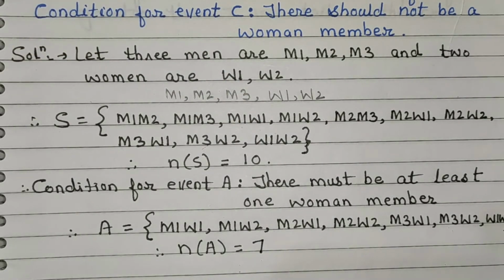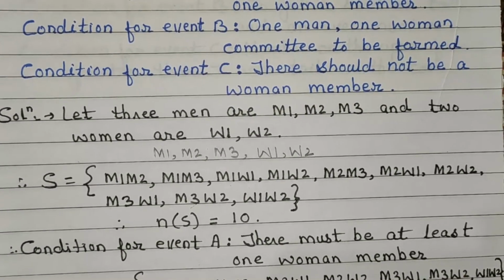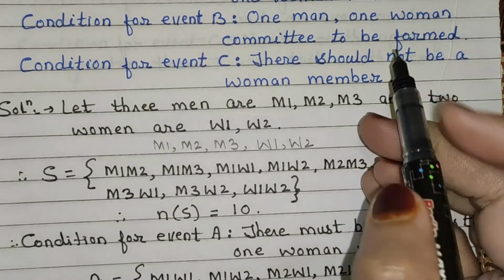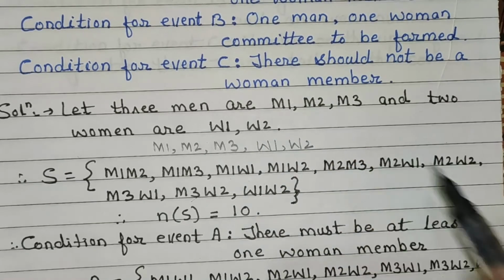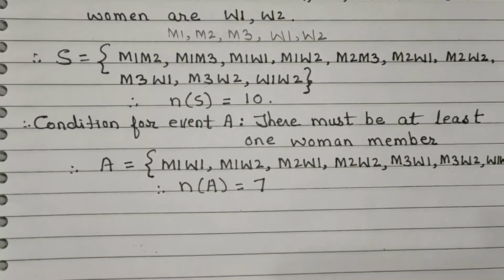Now, next is condition for event B. One man, one woman committee to be formed. Now, write down here.